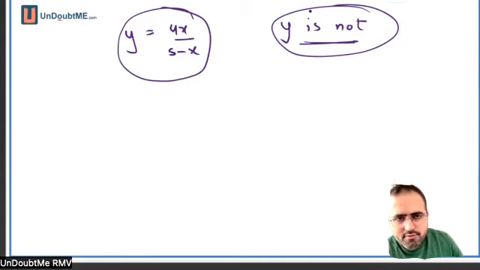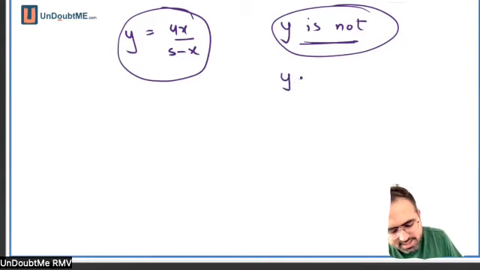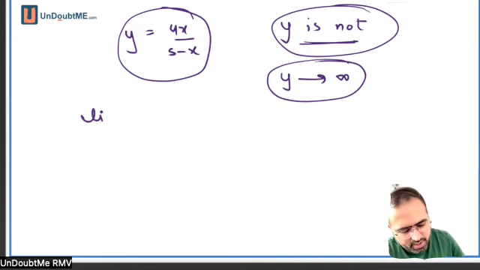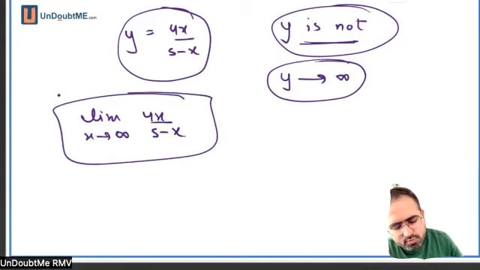Not defined means the function is tending towards infinity. So when you write limit x tends to infinity of 4x over 5 minus x, that will give me the value of the function where we have the horizontal asymptote.